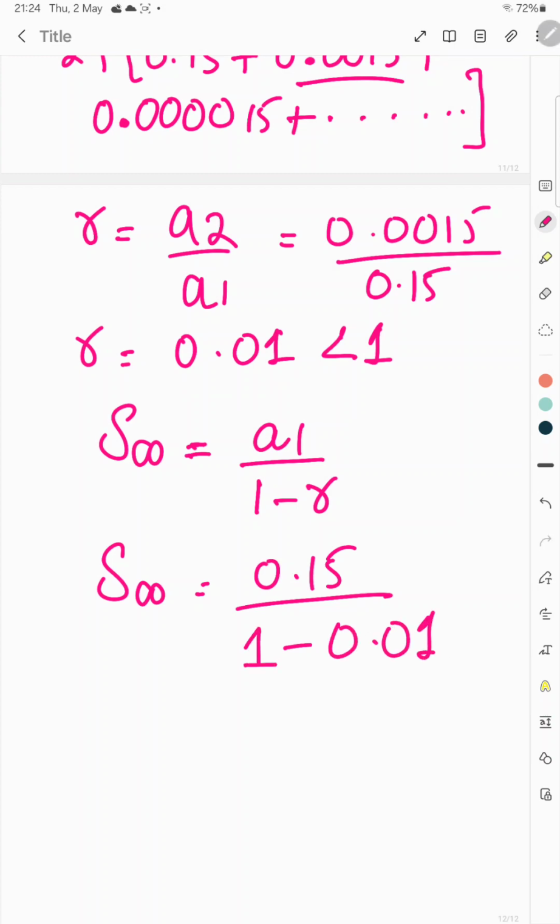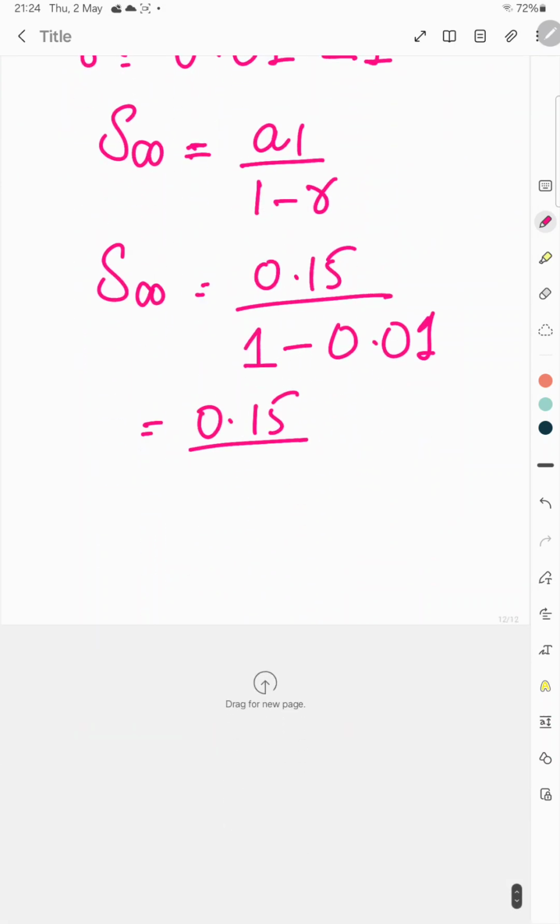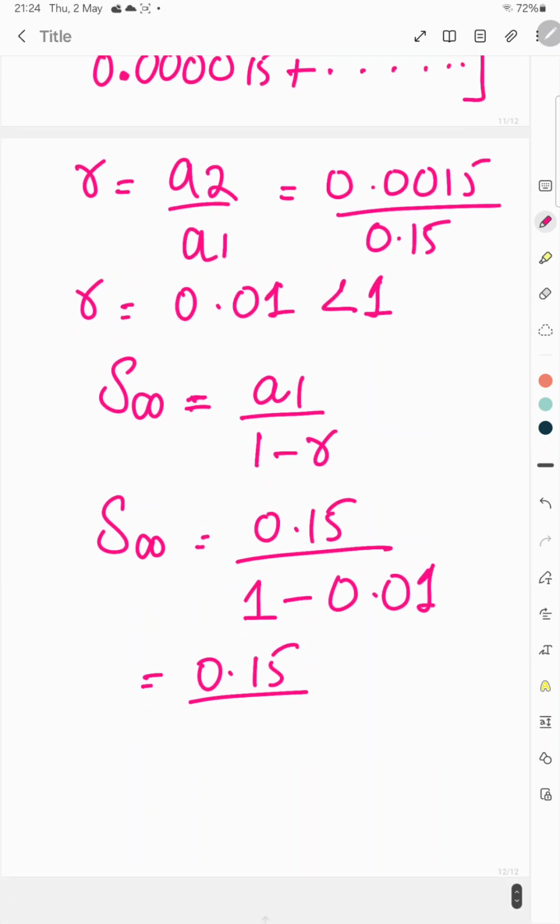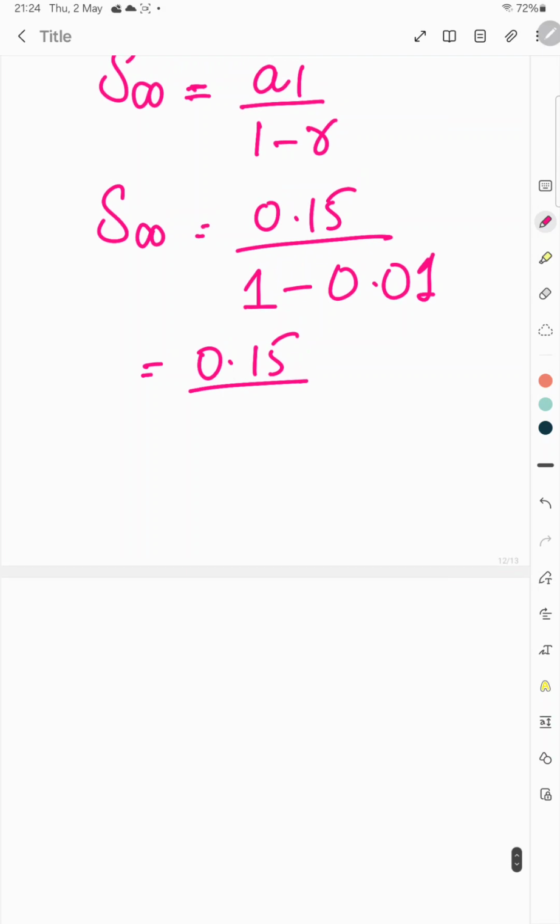I have to do these calculations on the calculator, and here I get 1 minus 0.01 is equal to 0.99.